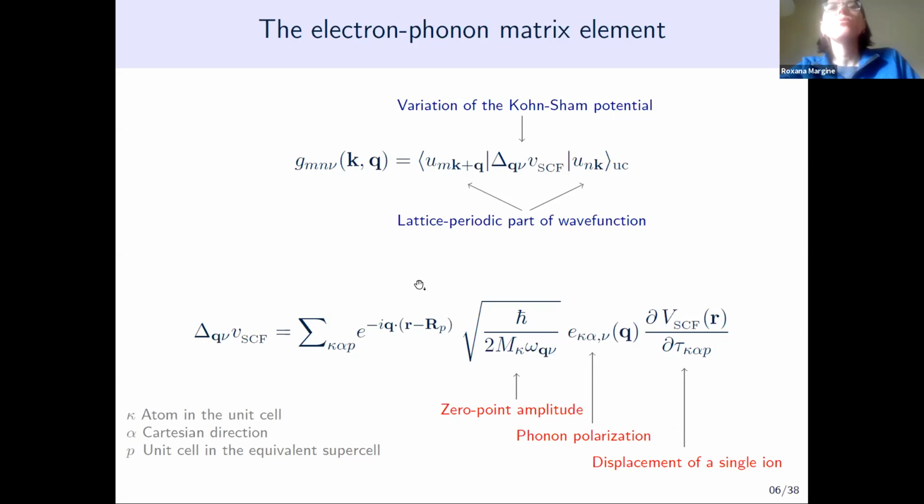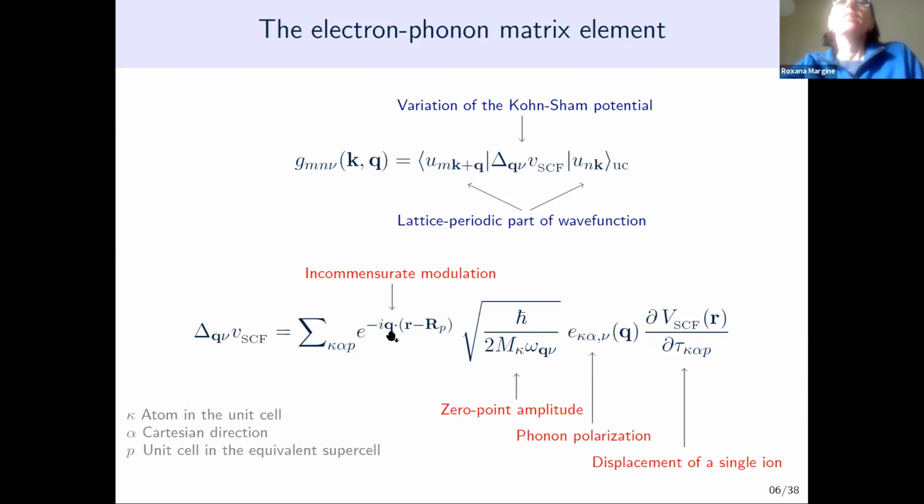I would also like to emphasize that the potential also involves a periodic modulation, which allows one to access wavelengths that go beyond the unit cell. So when we do density functional perturbation calculations, we can access wavelengths beyond the unit cell while still performing unit cell calculations. And that's the power of DFPT.